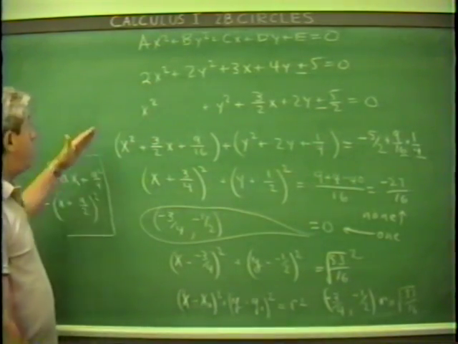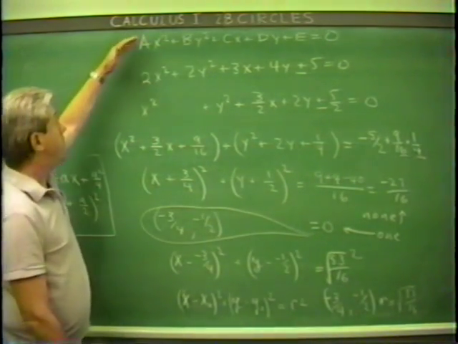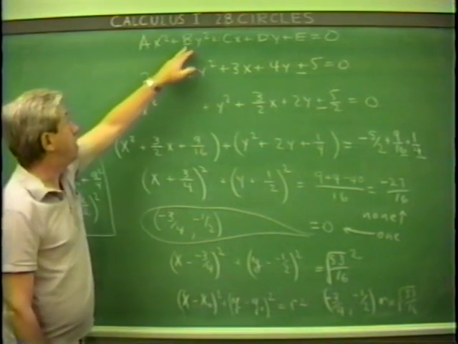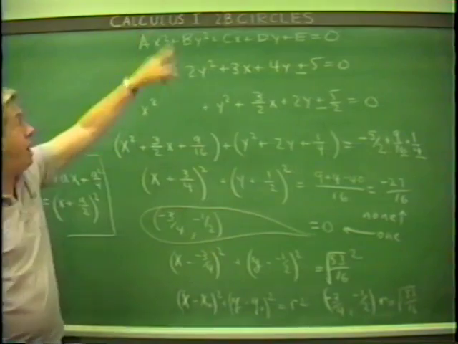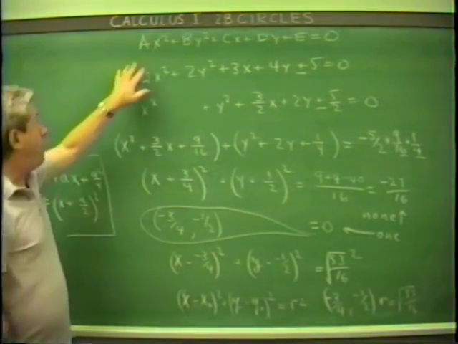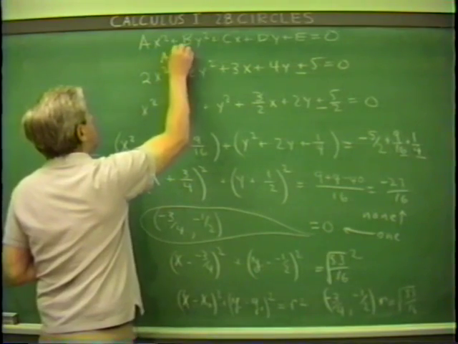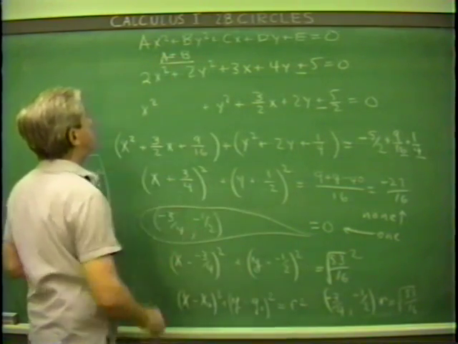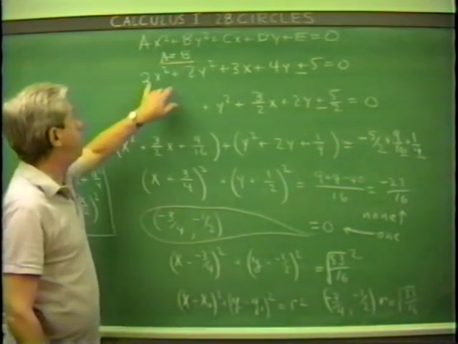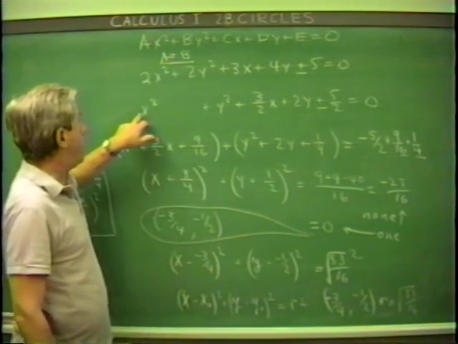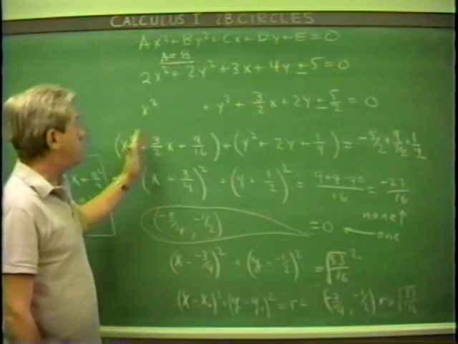And it's clear here that what we've just done is completely general. That's to say, if we start with ax squared plus bx plus by squared plus cx plus dy plus e, where a and b are equal, so the x squared term and the y squared term are equal, then we can divide by a, end up with something that looks like this, complete the square.